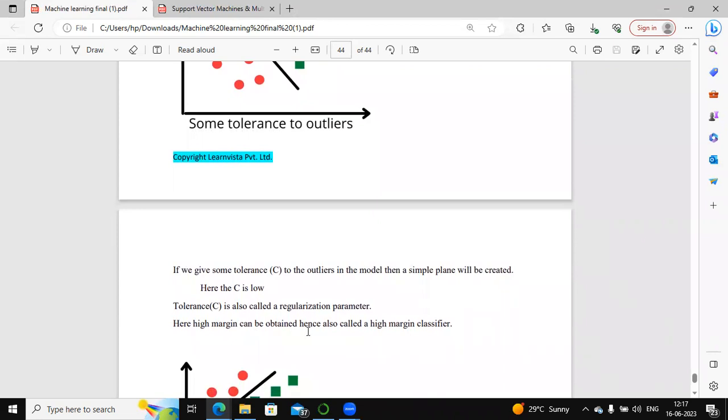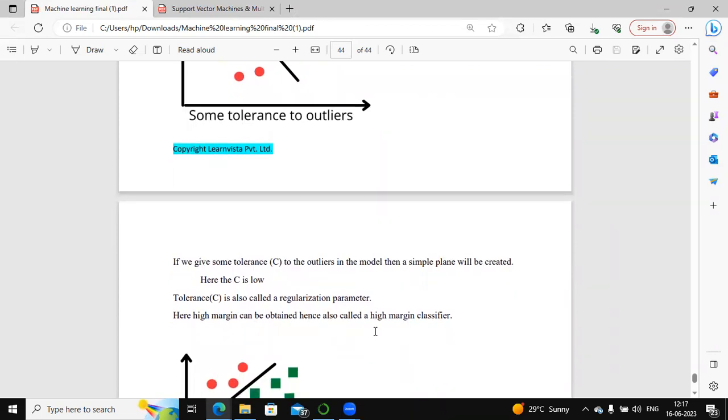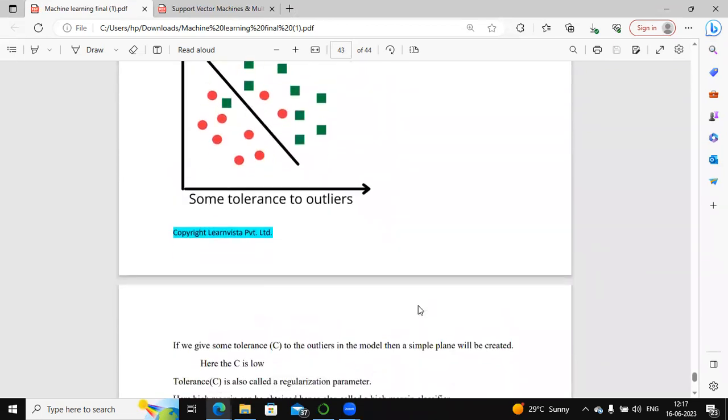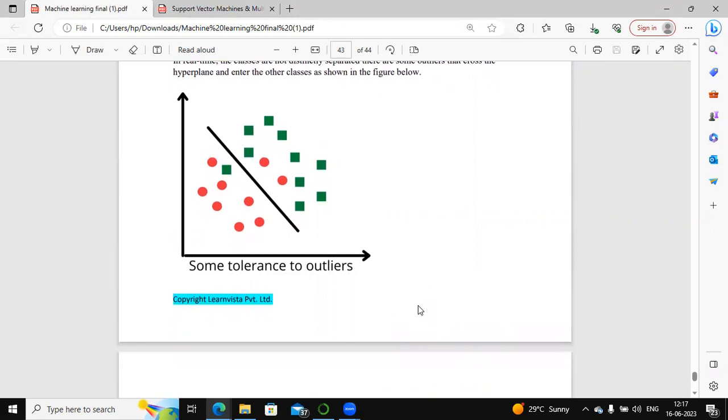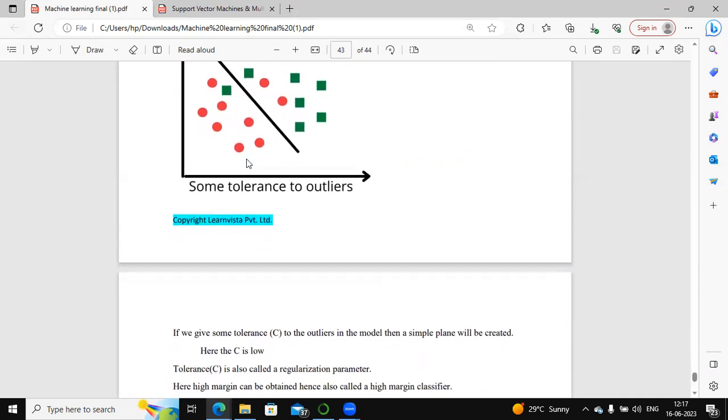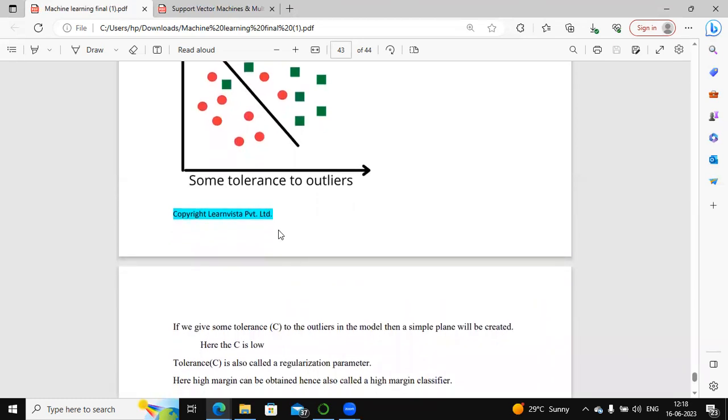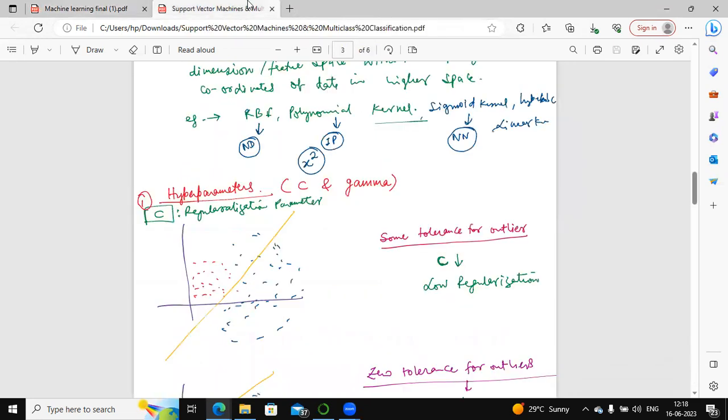Here, a high margin can be obtained, hence it is also called a high margin classifier. Since we have given some tolerance, there is a huge advantage in that we get a higher margin, and some tolerance will lead to a low C value. So this is the regularization parameter that we are going to discuss.